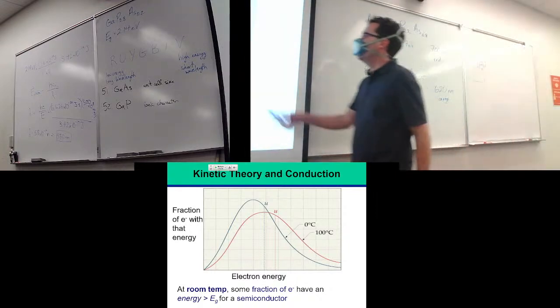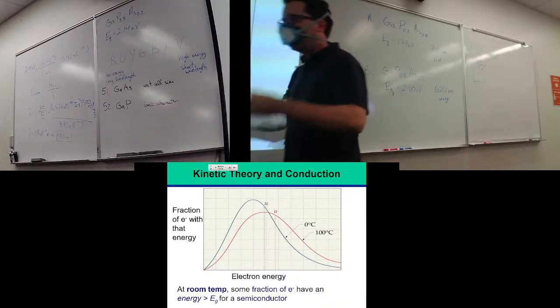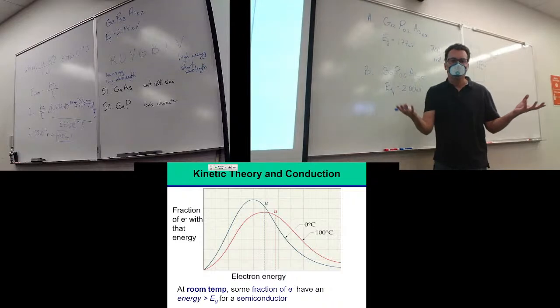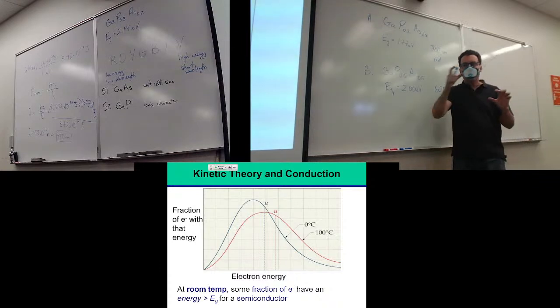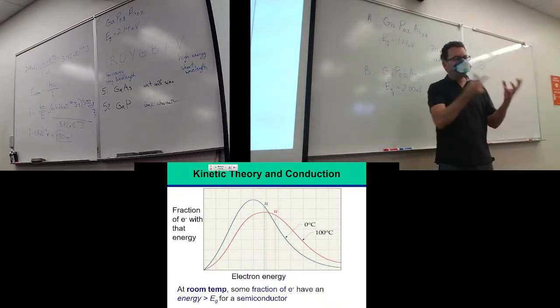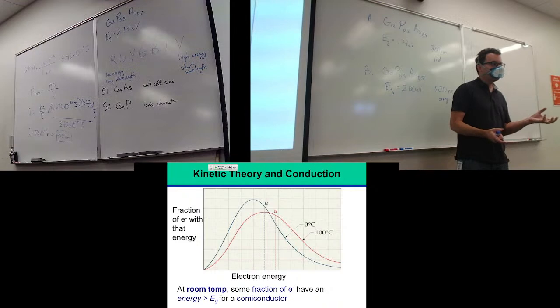What this blue curve represents is, if you take a sample of atoms, of anything, a metal, and you measure the energy that each atom has, not every atom has exactly the same energy. It doesn't work like that. There's a distribution of energy. Some atoms have a lot of energy, some atoms have a little bit of energy.